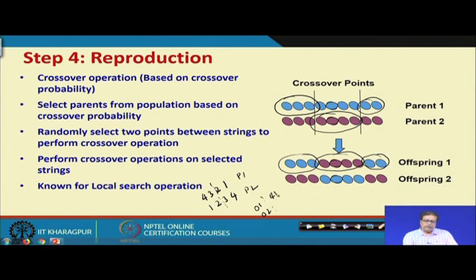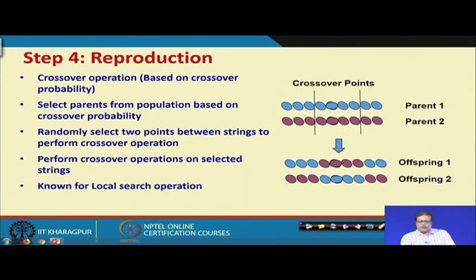Simple, it should be 4 3 3 4 and 1 2 2 1. Now, these are definitely not permutation encoding, this is just for any numbers. So, that is how you can have different crossover sites and different kinds of crossover.